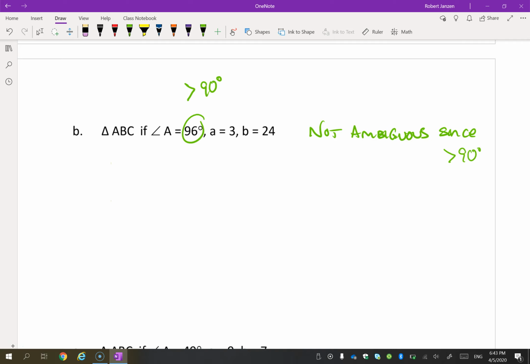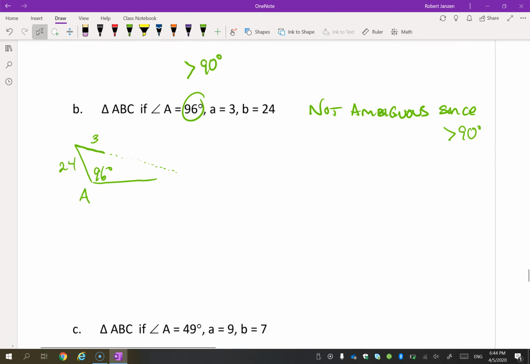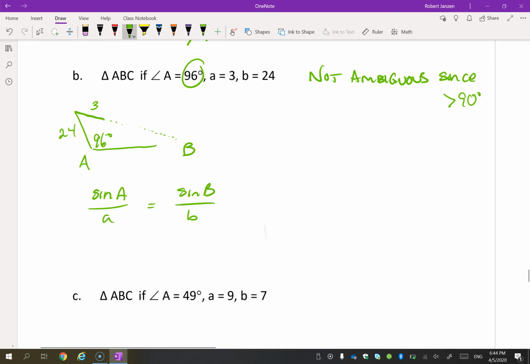Okay. If it's going to be bigger than 90, I already have to open it up like this. Okay, and by the way, you should be able to figure out if this side is only 3 long, but this is 24 long, there's no way this is going to reach. Okay, let's try it. Sine A over A and sine B over B, let's see what happens.